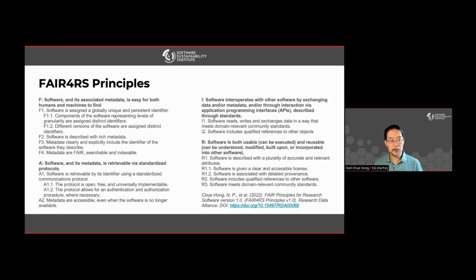And whilst that's not directly related to software quality, there is a very strong overlap in terms of what the FAIR principles are looking to do and what a number of the measures for research software quality are trying to do. And so I think it's important to understand perhaps how the FAIR principles mesh with software quality.